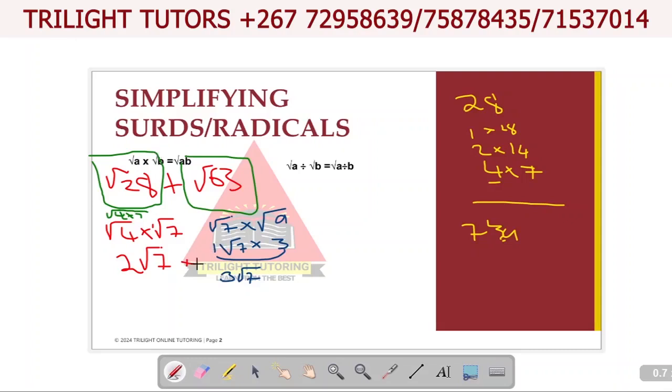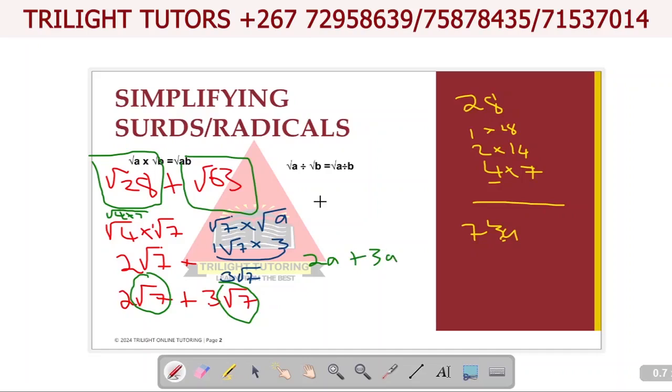As you can see here, we have two things: 2 root 7 plus 3 root 7. There is something that is common here. You can see here we have root 7, and here we have root 7. Let's assume we are in algebra and we write 2a plus 3a.